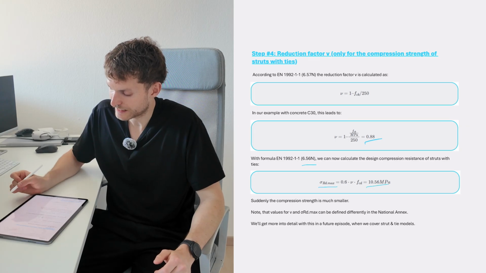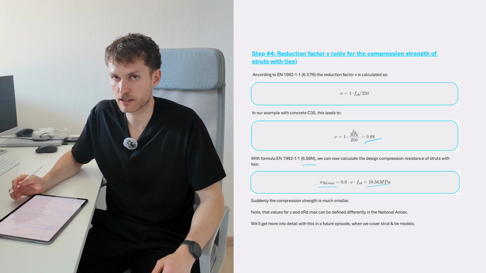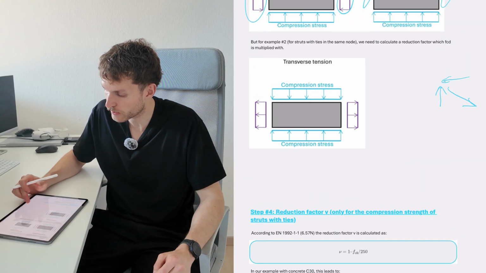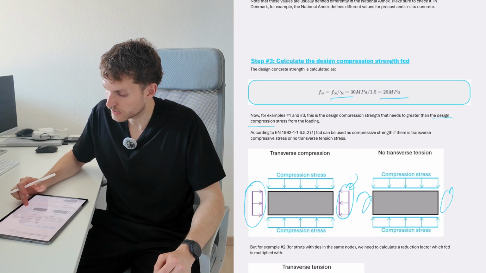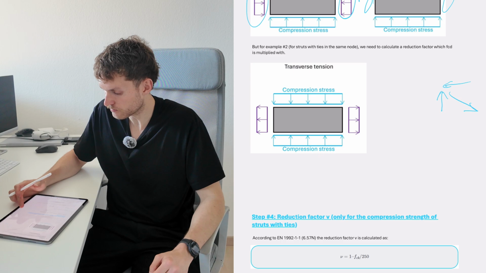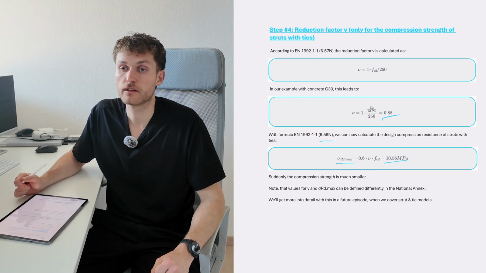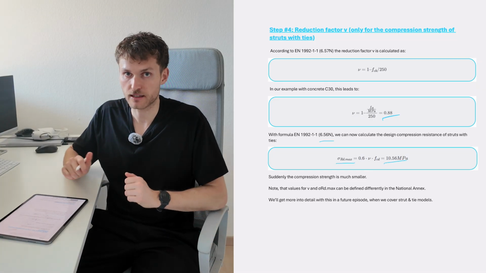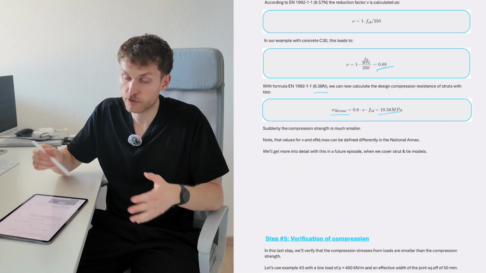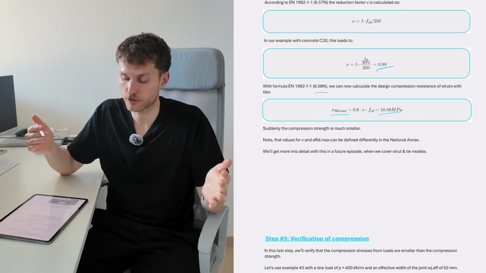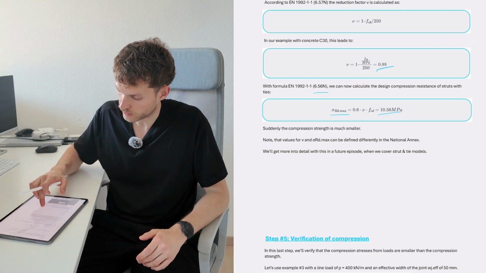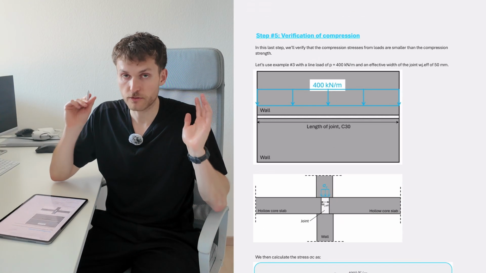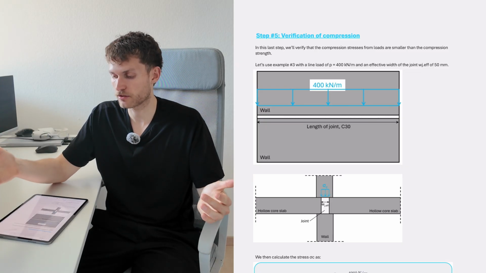And this is 10.56 megapascal. And if you just compare it to FCD, it's like half. So you see how much the design resistance is actually reduced if we have ties. But again, this formula can even be defined differently in the national annex. So check that up.